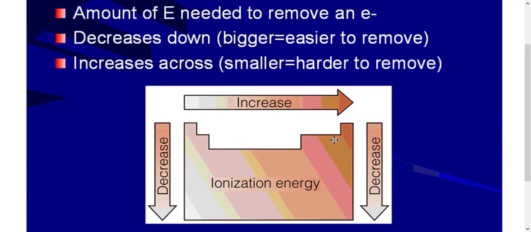And so the atoms with the highest ionization energy are going to be in the top right corner of your periodic table because they have the smallest size, and with the highest effective nuclear charge, those electrons are going to be held super tight, and it's going to be way more difficult to remove them. Because the tighter electrons are held, the harder they are to remove.